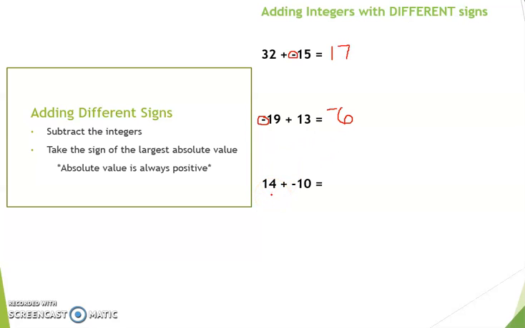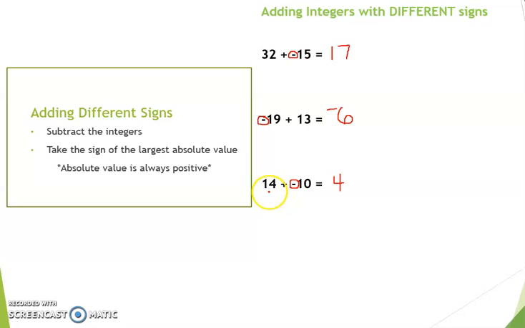Again, our next example, positive 14 plus negative 10. Our signs are different, so we are going to subtract. 14 minus 10 is 4. Because we are subtracting, we're going to take the greater absolute value.